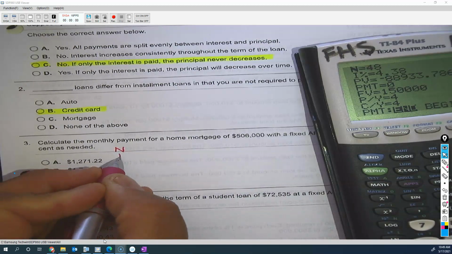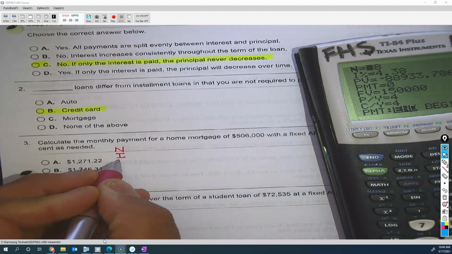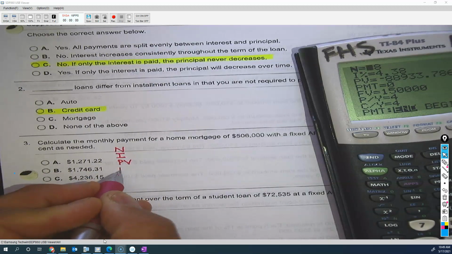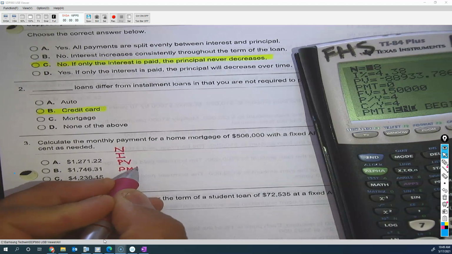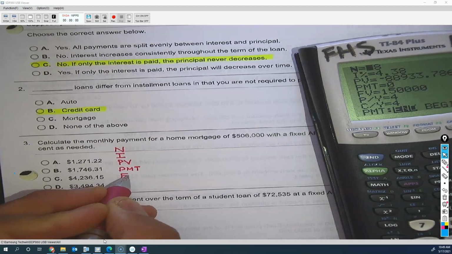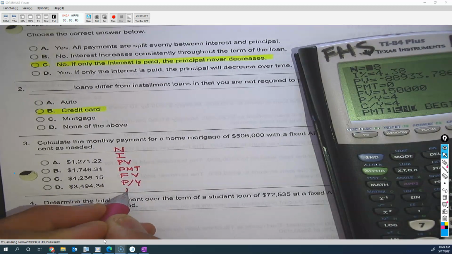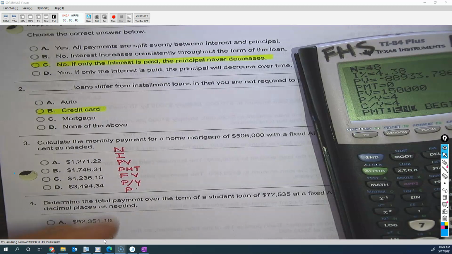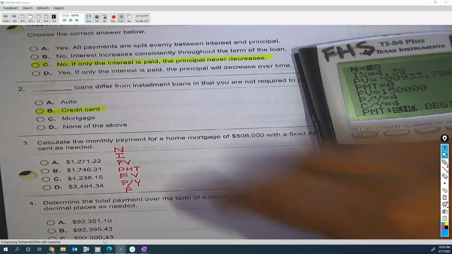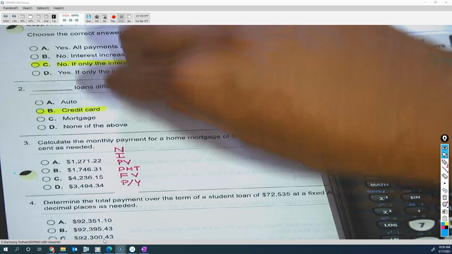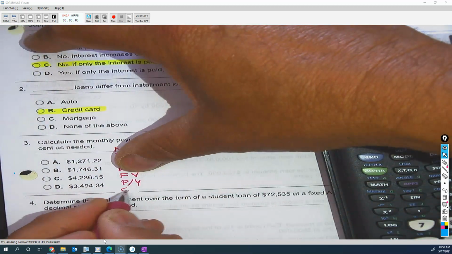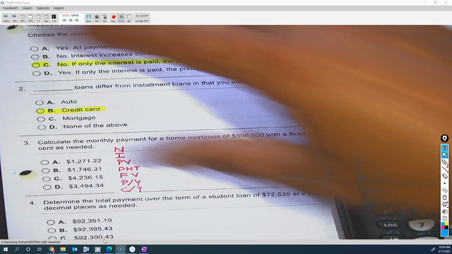Okay, and then you have these values, PY, CY. And you just have to be sure that you get the right compounding periods in, whether it's compounded yearly or daily or quarterly. Okay.